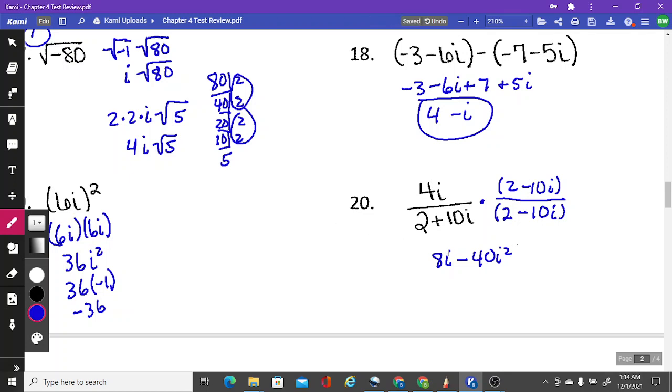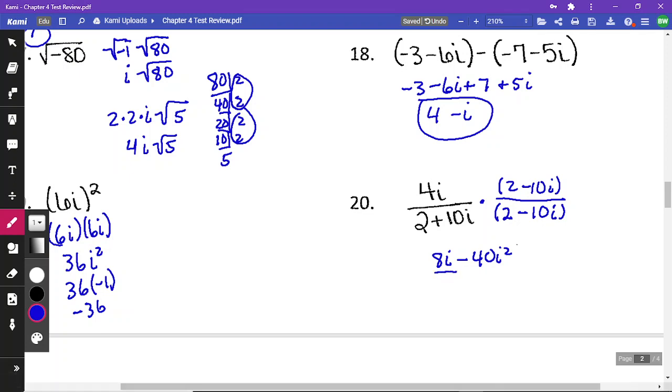But we're not going to leave it that way because that's i squared. Okay, i squared is -1. I think we'll go ahead and change it in the next step though.